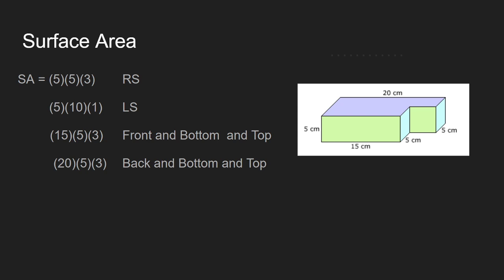5 by 5 by 3 is 75. Then you have 5 by 10, that's 50.